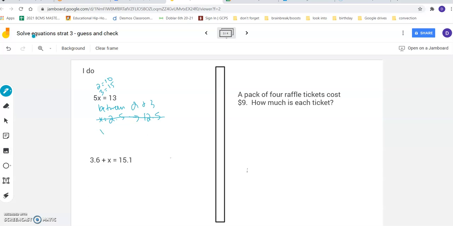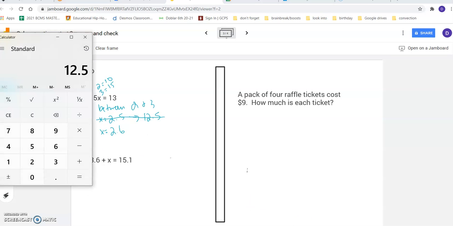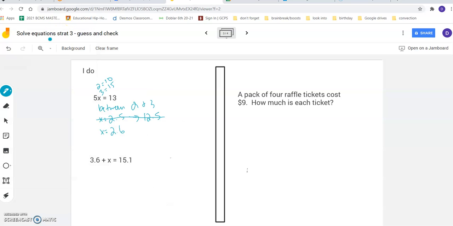I needed to be higher than that, so let's try 2 6/10. 5 times 2 6/10. Boom, nailed it. I happened to get lucky and get it on my second guess. If x equals 2 6/10, then I get 13. So I guessed something, checked it was wrong, adjusted my guess in a logical way, got it. That's the guess and check method. Pretty simple. Let's do another one.